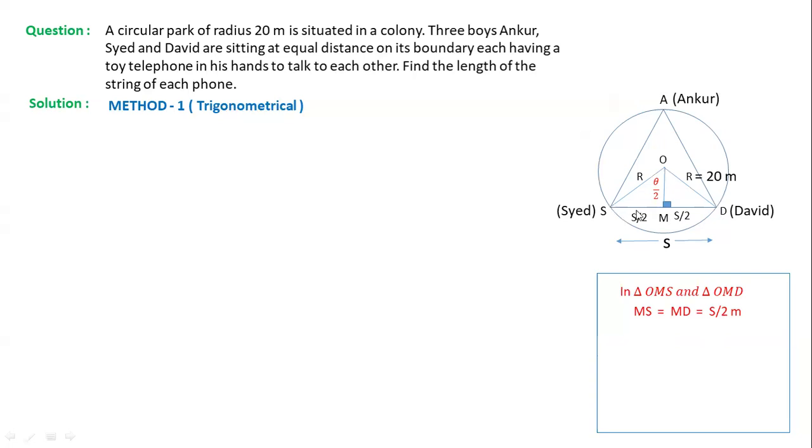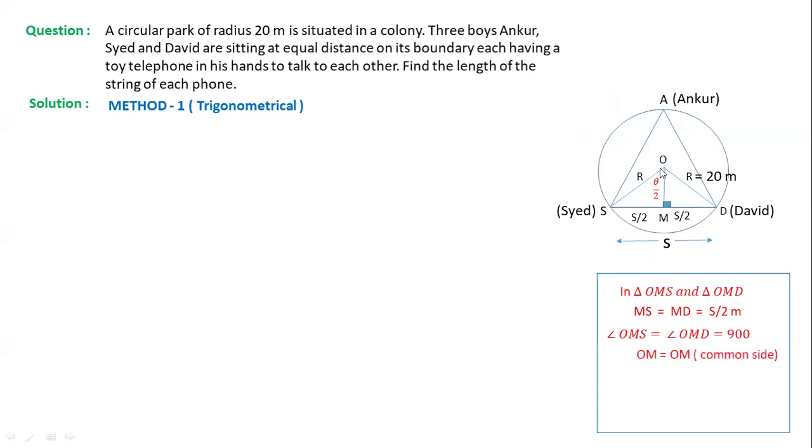That is the property I am using here. That's why it is half of the total length S, so it is S by 2. Next, angle OMS and angle OMD are both equal to 90 degrees, because we have drawn them perpendicular.